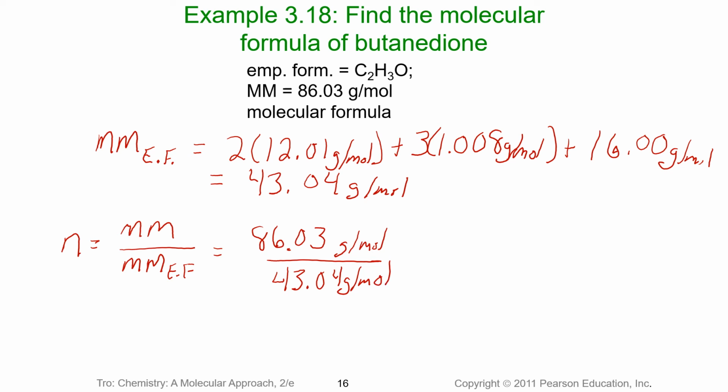The smaller mass is always on the bottom. We do this division, and again we're looking for a whole number, so if it is close you want to round it. We find that our multiple is 2, so we're going to take our empirical formula and multiply each of those subscripts by 2 to find our molecular formula.